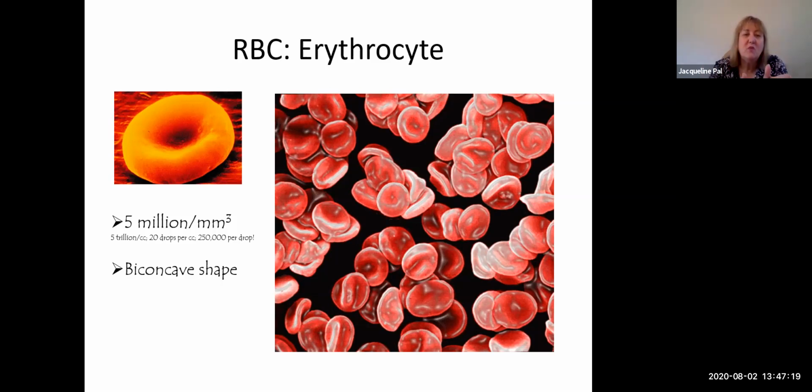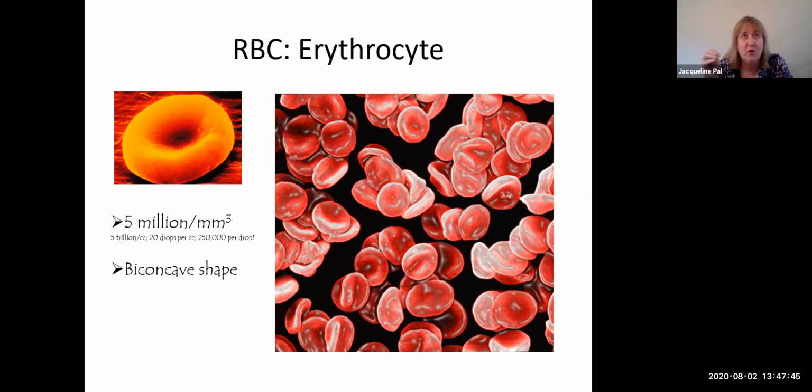So the reason why it has this shape is because it's missing stuff that it doesn't need. And as I alluded to previously, one of the things it doesn't need is a nucleus. Okay, so if it doesn't have a nucleus, there's a whole lot of stuff this cell can't do, including divide, right? Which means as soon as it's released into blood without a nucleus, it's in the process of dying.